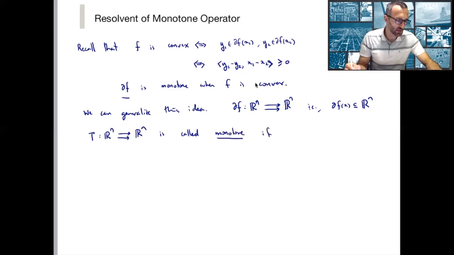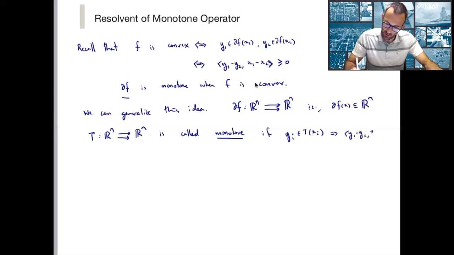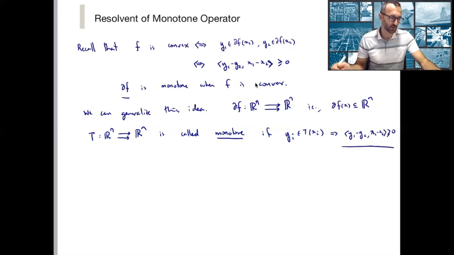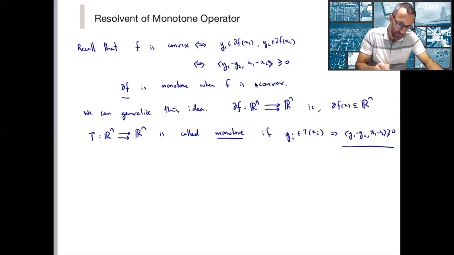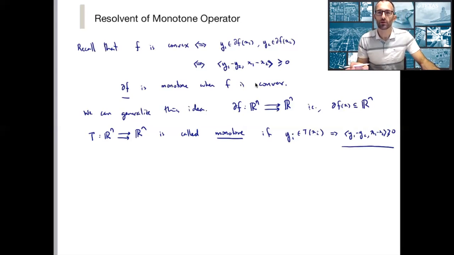So operator T is called monotone if, again, I'm essentially copying exactly what I have written in the first line, if yi is an element of T of xi, then (y1 minus y2) times (x1 minus x2) is greater than or equal to 0. Well, this is called monotonicity. For T a monotone operator, a very important definition is its resolvent.